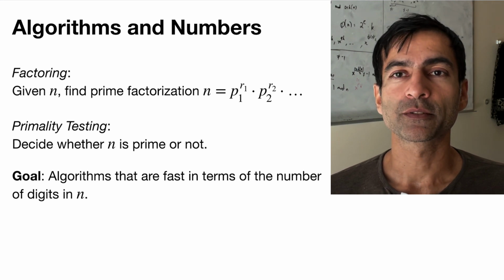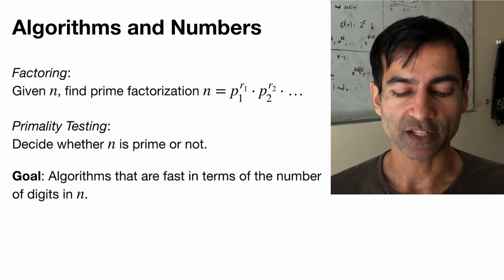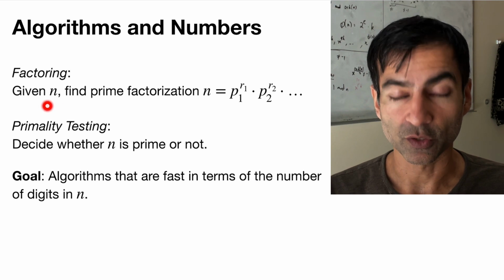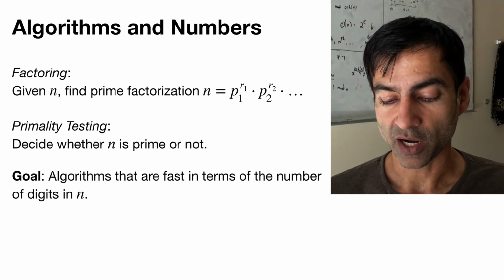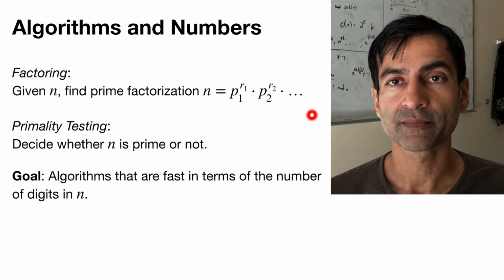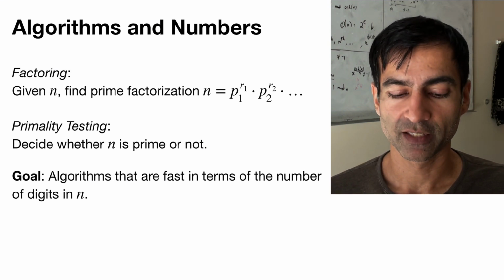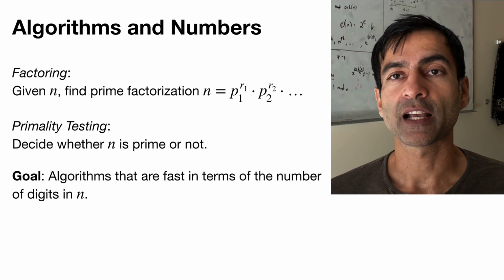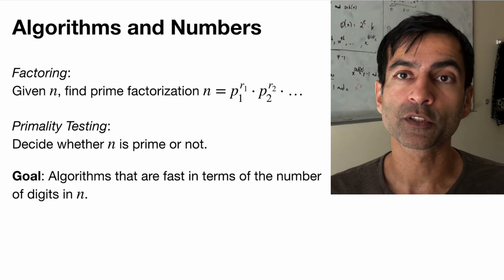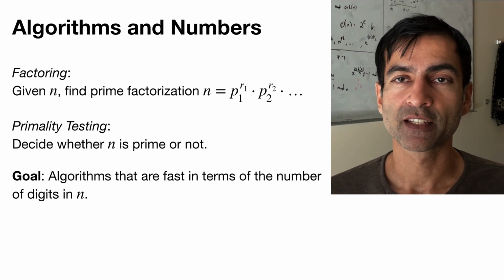So let me now introduce the problem of factoring. You're given a number n, and the goal is to find the prime factorization of n. Factor n into its prime factors. Now we're interested in finding algorithms that are efficient in terms of the number of digits of n.